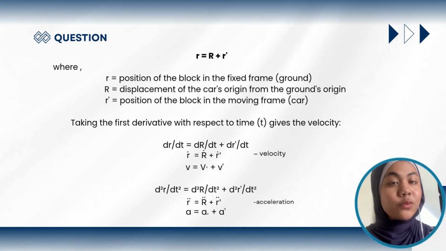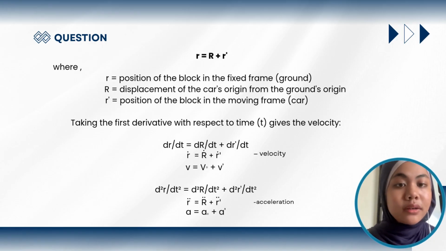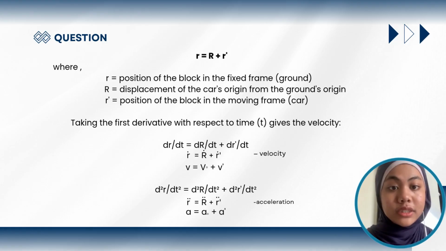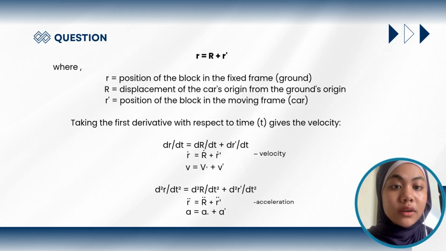So next we need to use this equation, which is r equals capital R plus r prime, where r equals the position of the block in the fixed frame, capital R equals the displacement of the car origin from the ground origin, and r prime equals the position of the block in the moving car.